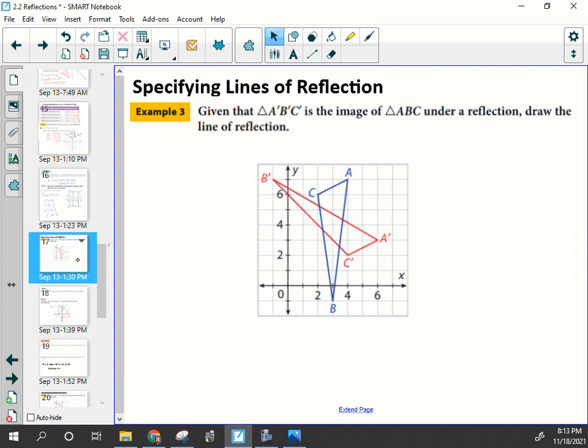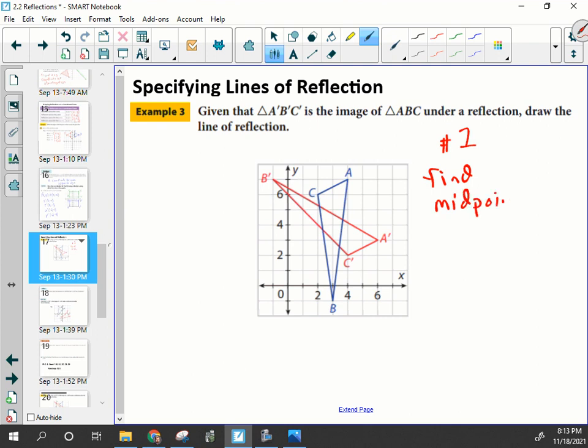So I have two options. Option number one is to find the midpoints of the segments that join corresponding points.